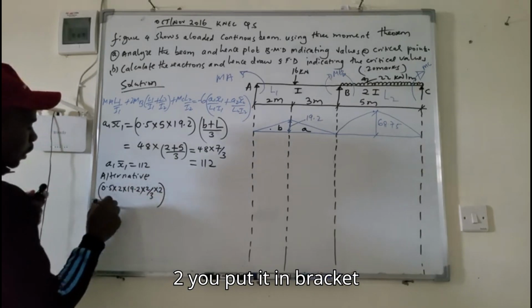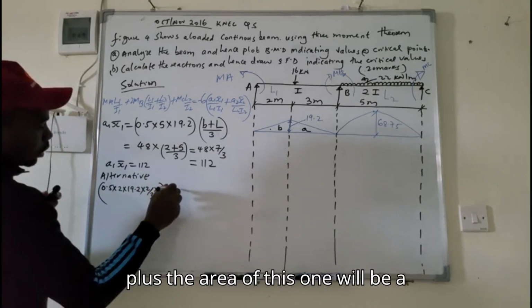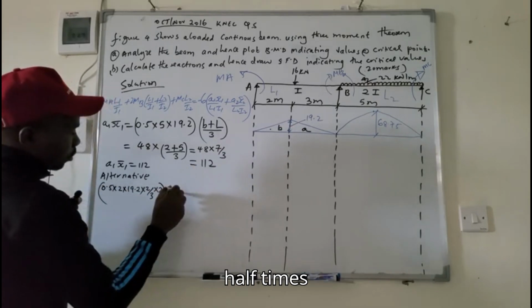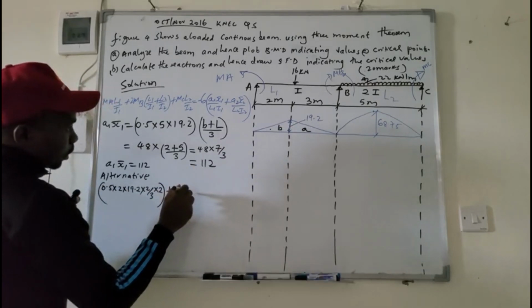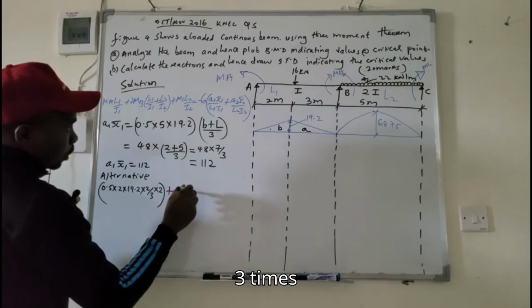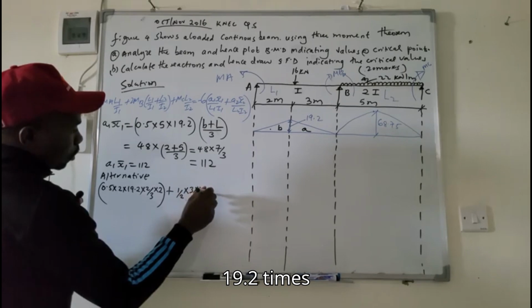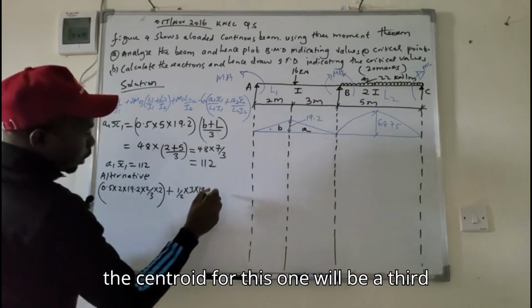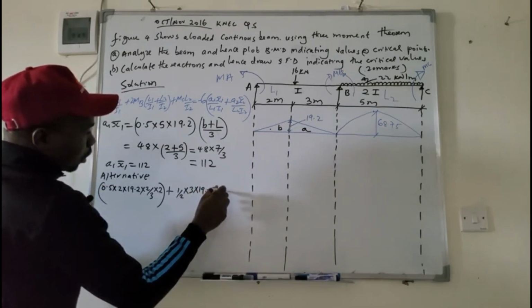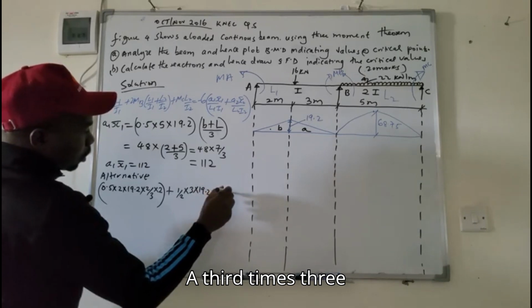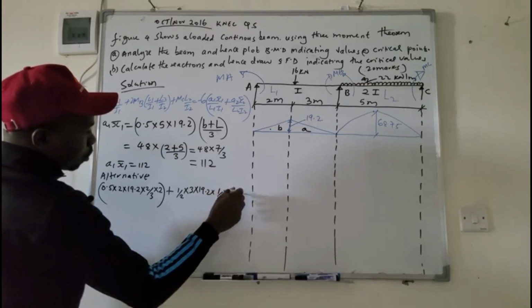You put it in bracket, plus the area of this one, a half times 3 times 19.2 times the centroid, which is a third times 3 plus 2.